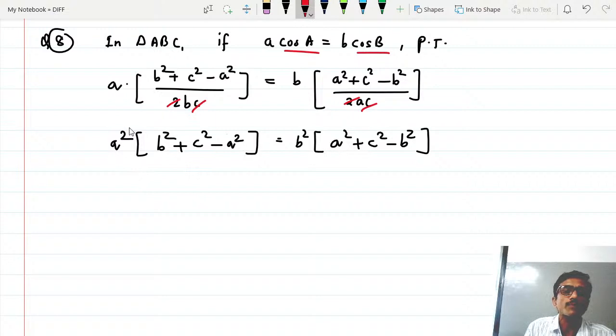Now furthermore, after expanding the bracket, you are getting here a square b square. Here you are getting a square b square. So that is getting cancelled over here.